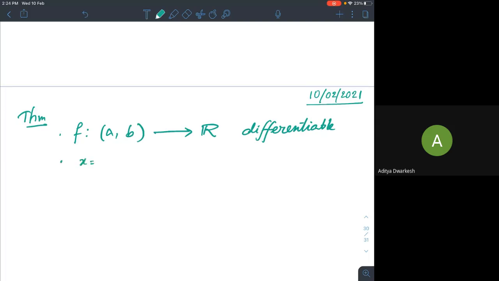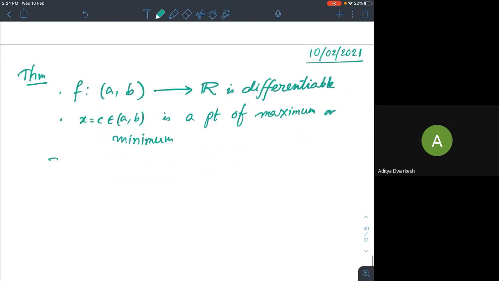If x equal to c, which lies in (a,b), is a point of maximum or minimum, then f prime of c is 0, right?